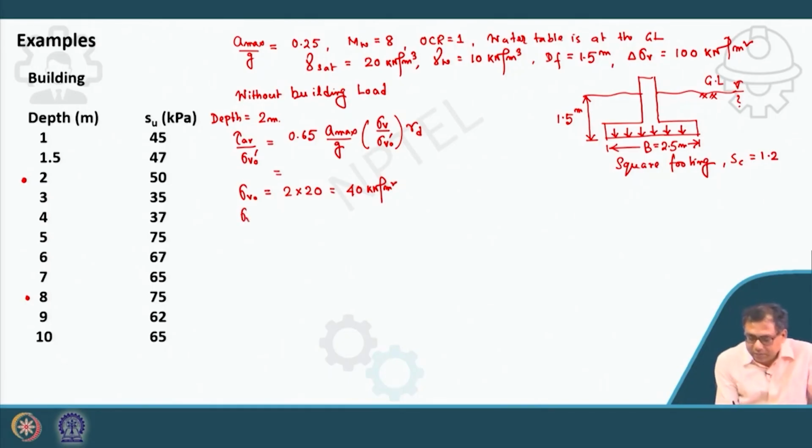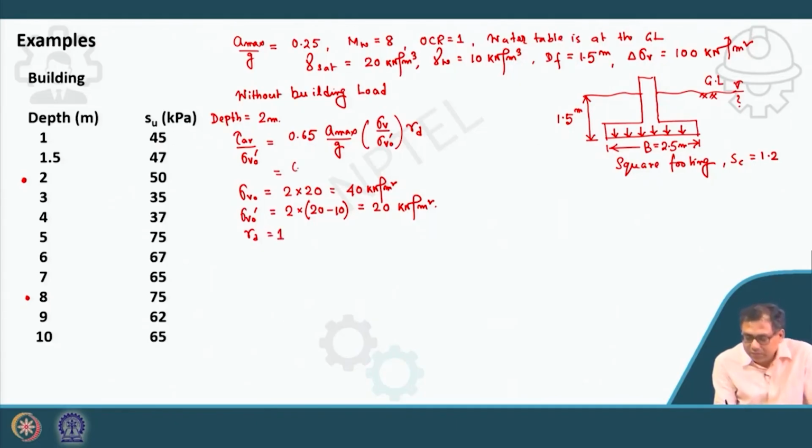Now sigma v0 dash will be 2 into 20 minus 10, that is 20 kilonewton per meter square. And for 2 meter, the RD value is equal to 1 from the chart.